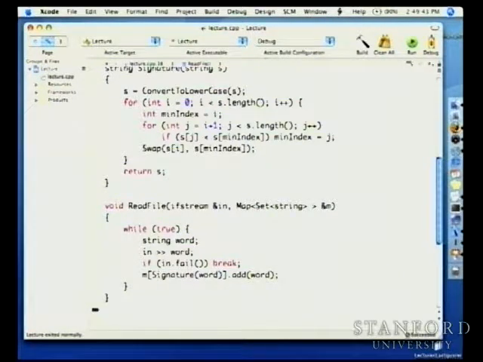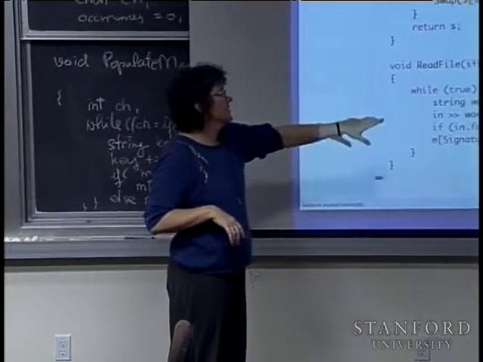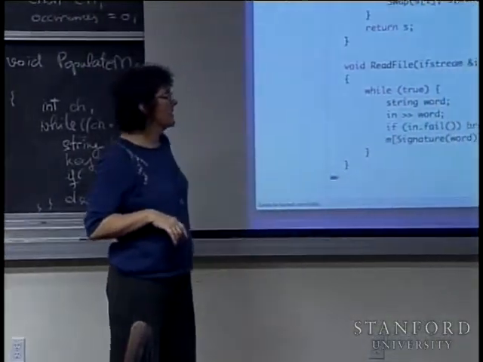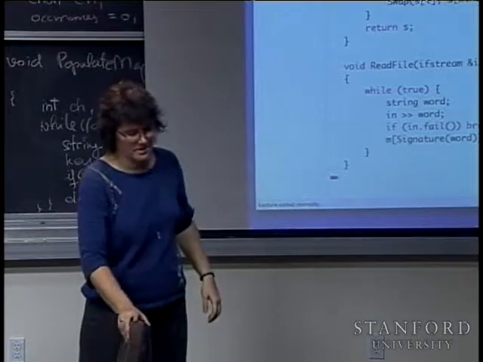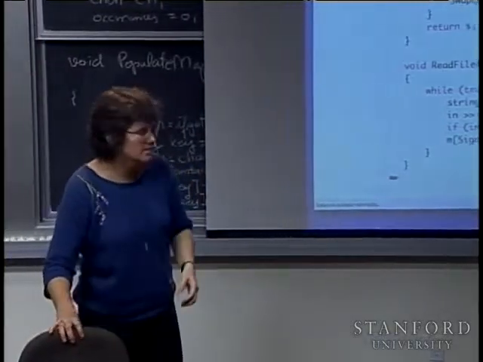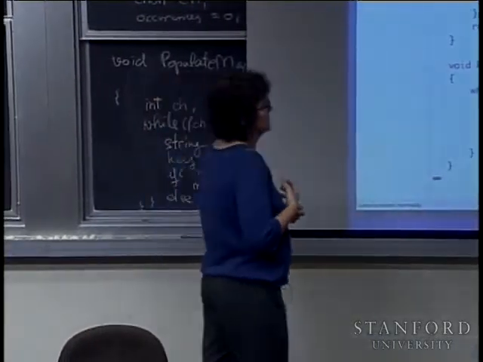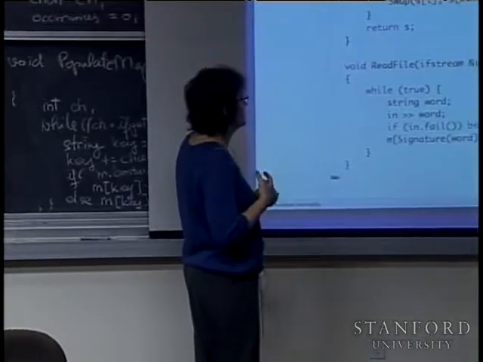So I've got this map, and what I want to do is under the signature of this word, I want to look up the set of strings that's associated with it and tack this one in. And the add, in this case, with the set, I know that's going to do non-duplication. In fact, the file doesn't contain duplicates, but if it did, I certainly don't want it to record it twice anyway, so I might as well do this.